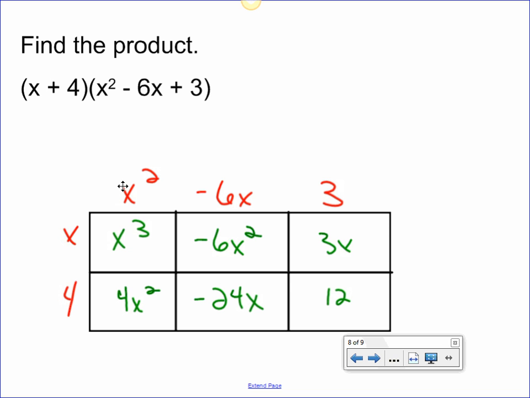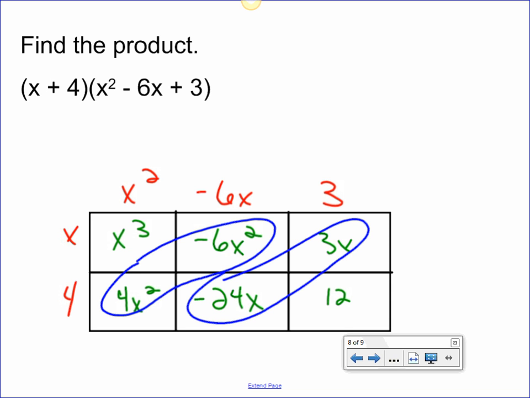And then you look for like terms, and your like terms are going to be diagonal of one another. Then you combine them, and you write your answer as x to the third minus 2x squared minus 21x plus 12. So, a very nice, neat way to organize our results.